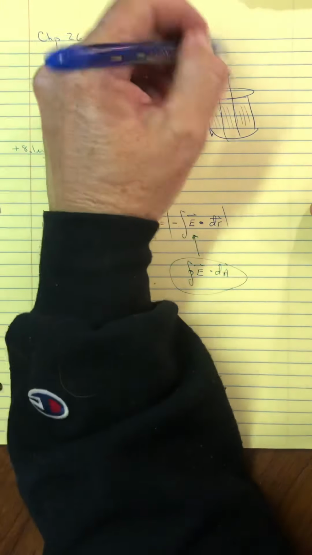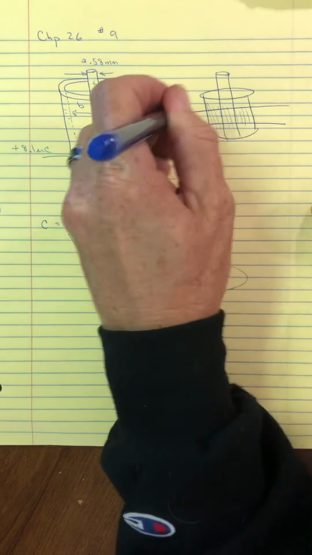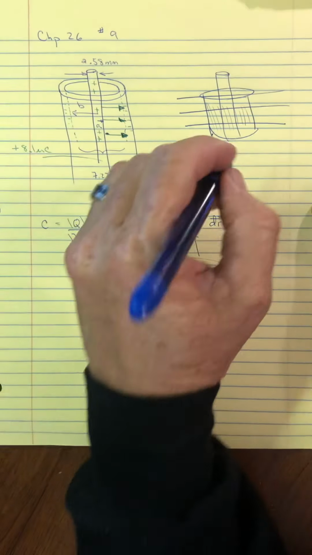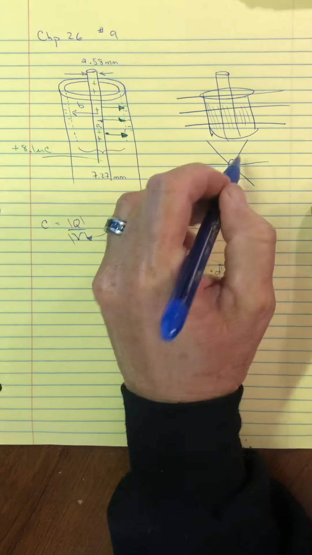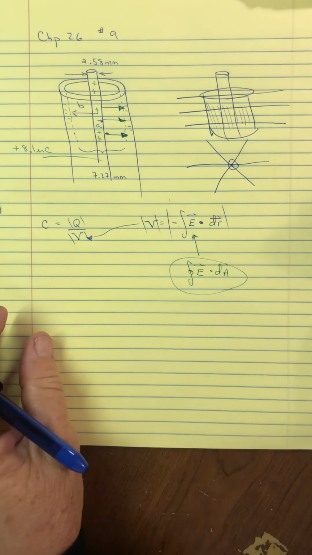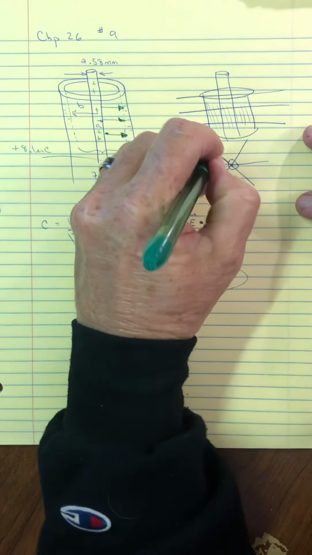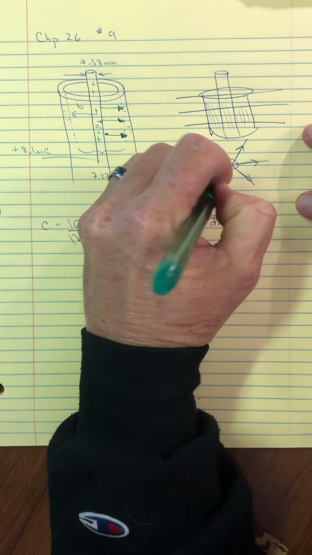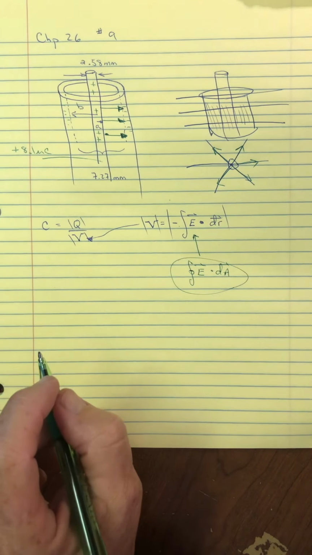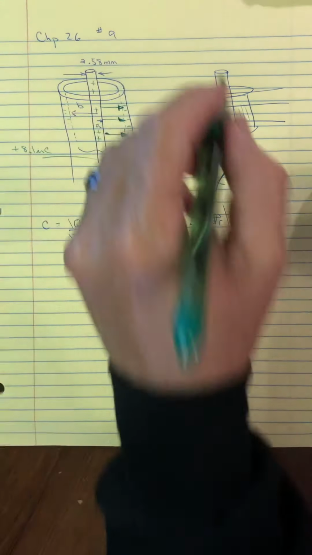We argued that if it's a really long wire, every horizontal line could be a line of symmetry. In fact, looking down the top of it, every line that goes across the center of the conductor would also be a line of symmetry. So from that, we know that the electric field is radially outward in a cylindrical component. We know it's the same everywhere up and down.